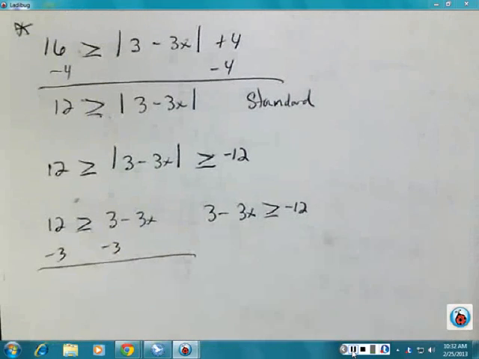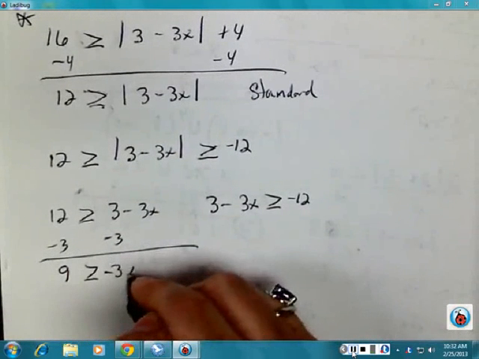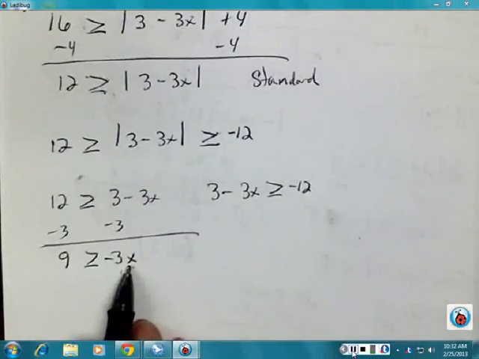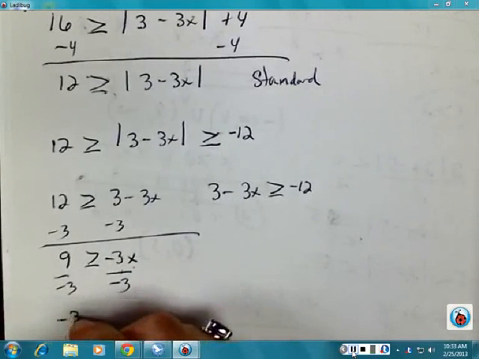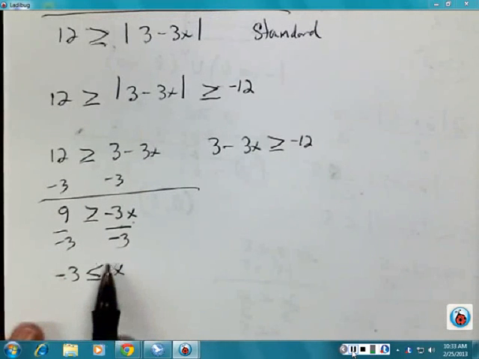What's 12 minus 3? 9. But because this is a negative 3, what has to happen? You have to flip the sign, because you divide by a negative. So, negative 3 is less than or equal to x. And that's the answer to this one.